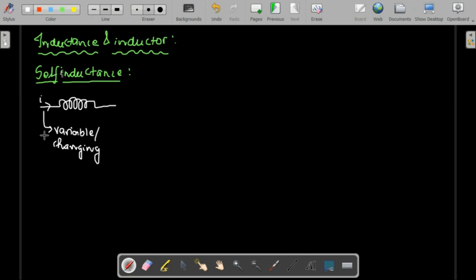Let's say this current is increasing or decreasing. Variable means it will either increase or decrease. For that we are going to have a self-induced current in the circuit.